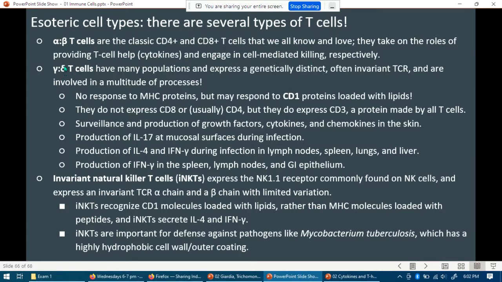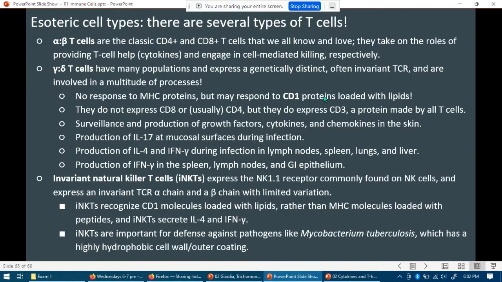There's another kind of T cell population called the gamma delta T cell that has a different T cell receptor. Okay, so their T cell receptor is distinct from that of the alpha beta T cells. They are not MHC restricted, so they don't respond to MHC, but some of them respond to CD1 proteins that have been loaded with lipids.